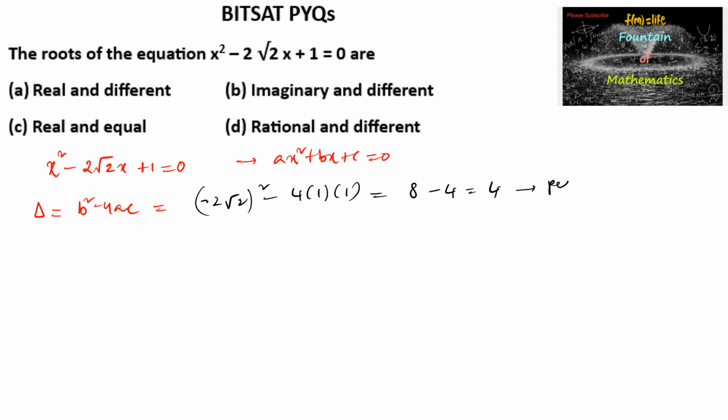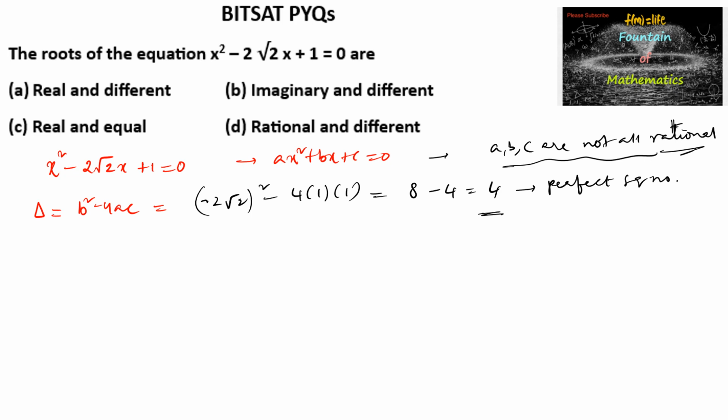It's a perfect square number. Even though it is a perfect square number, since the coefficients a, b, c are not all rational numbers, we cannot tell that the given roots are rational and different.